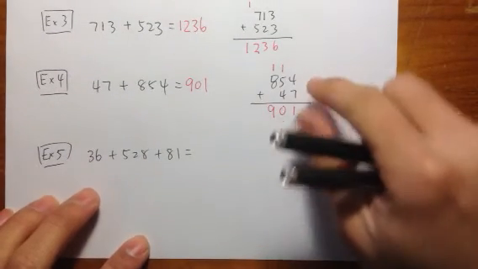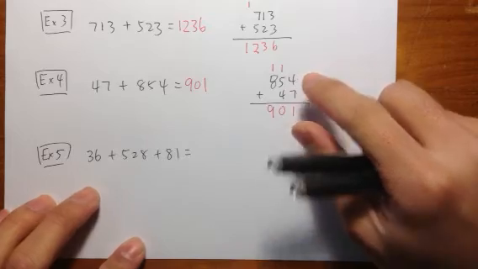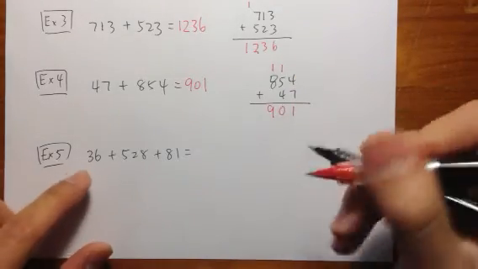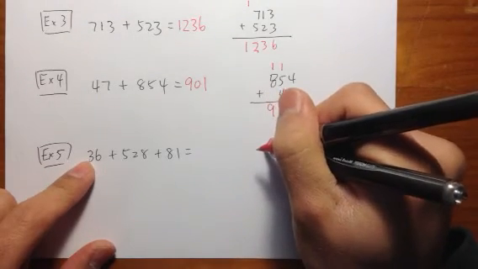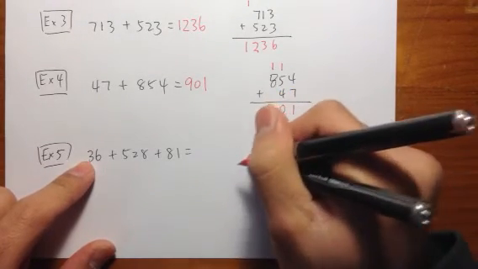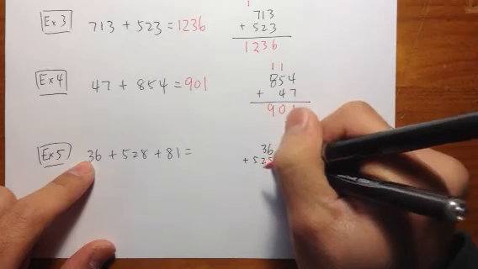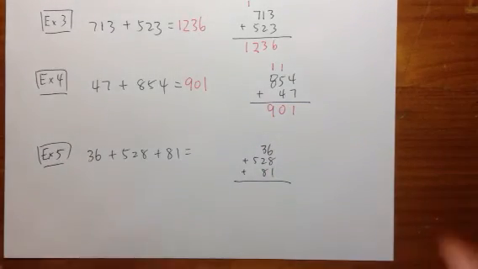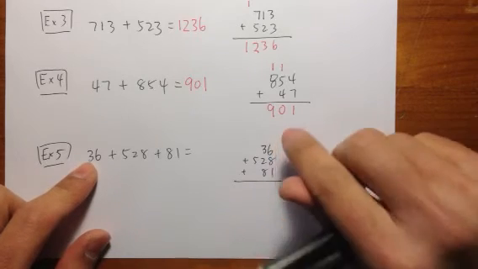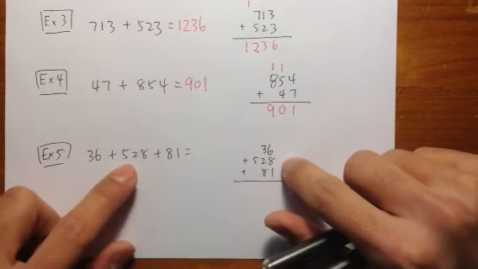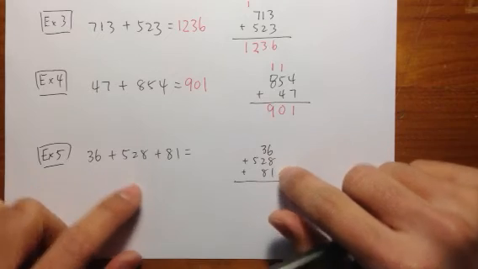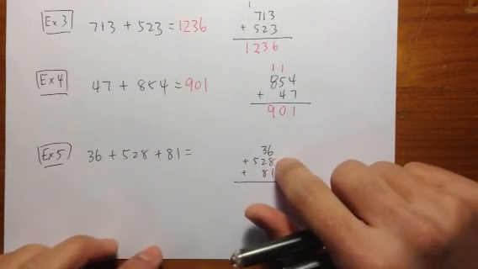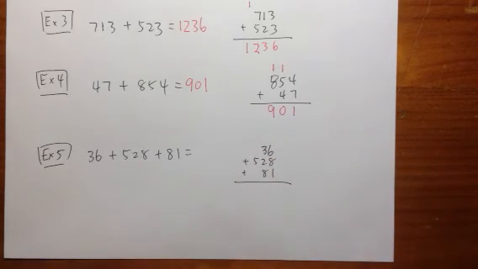You will just write down the numbers vertically and line up to the right. I would like to write it down as 36 on the top, plus 528, plus 81, because I want to show you the order: the first number is 36, the second number is 528, and then the third number is 81. But it doesn't matter if you want to put the 528 on the top or not.